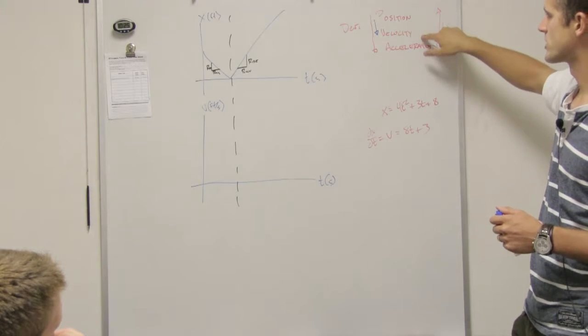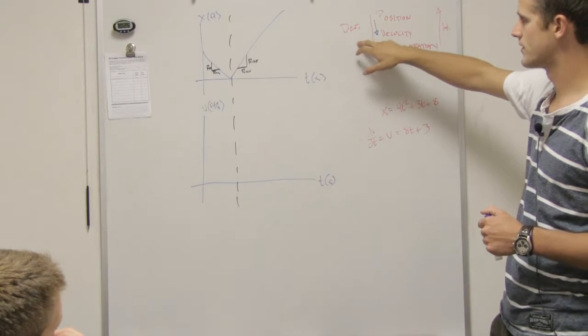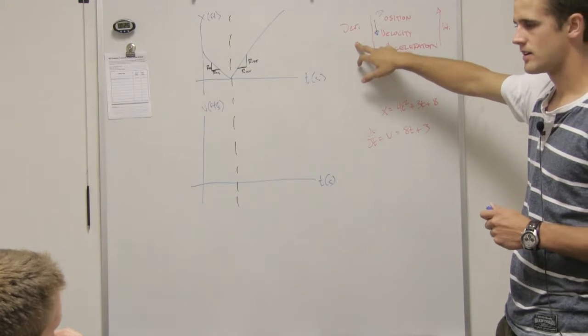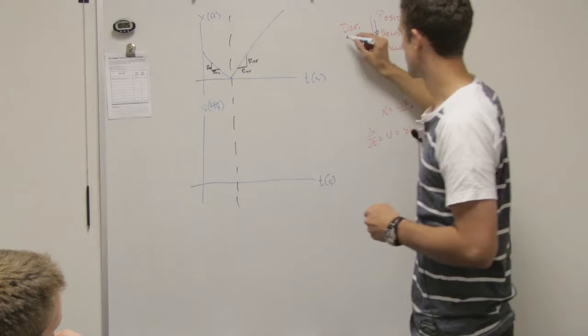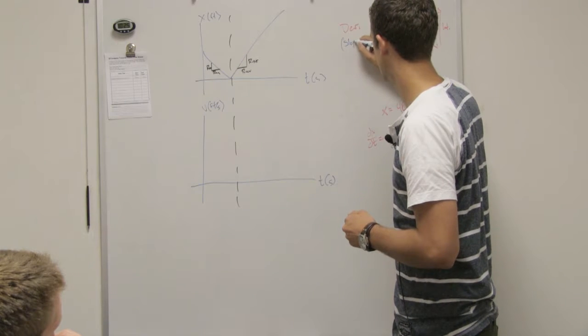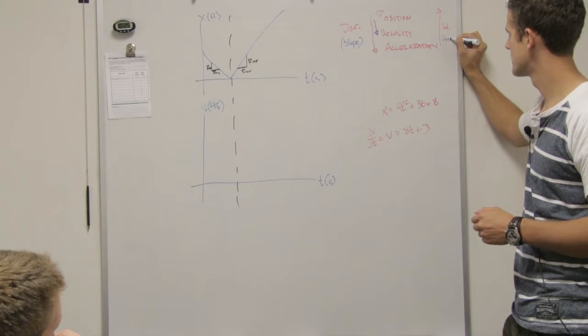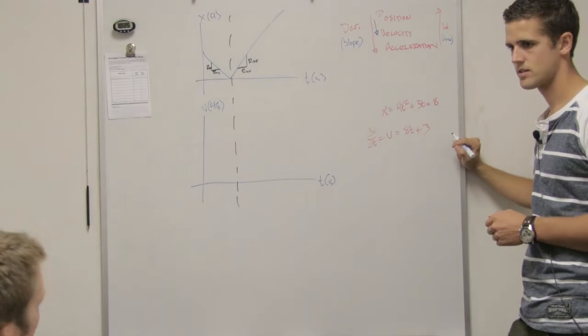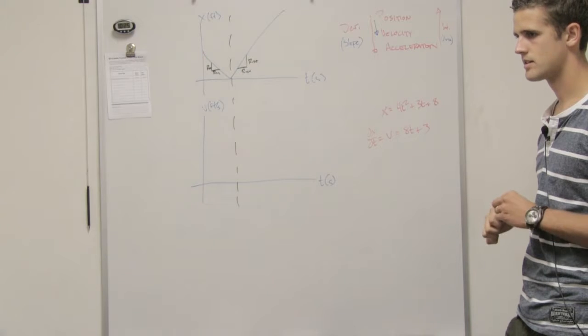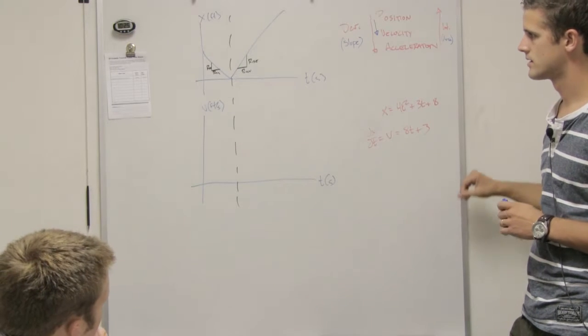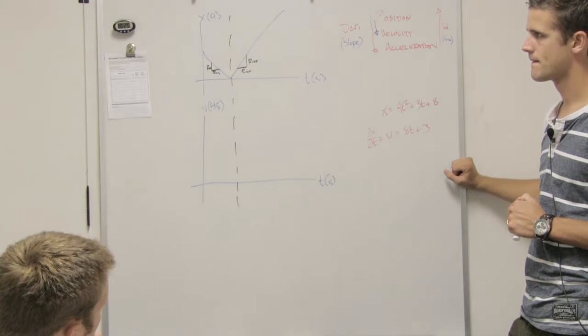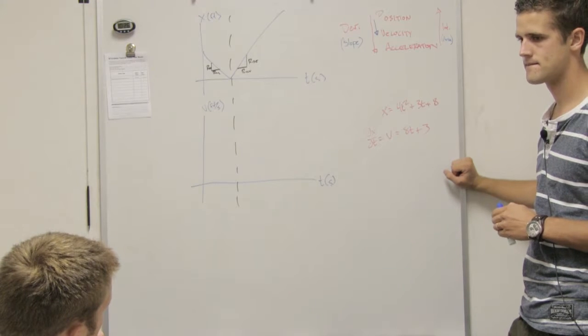But we're going from position to velocity, so we want to do the derivative. The derivative is basically the slope, and the integral is the area under the curve. Oh, okay. So it's the slope, the rise over run.